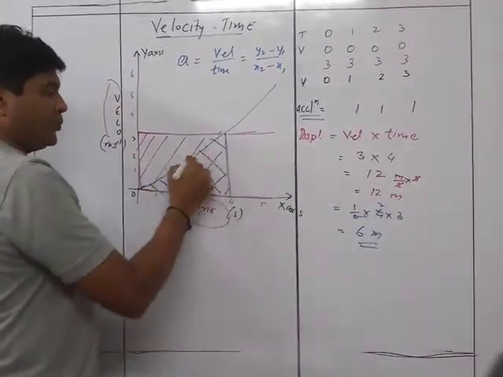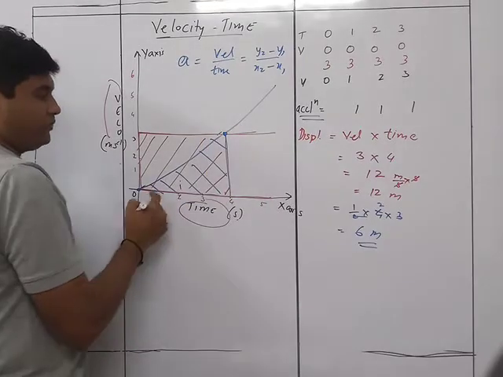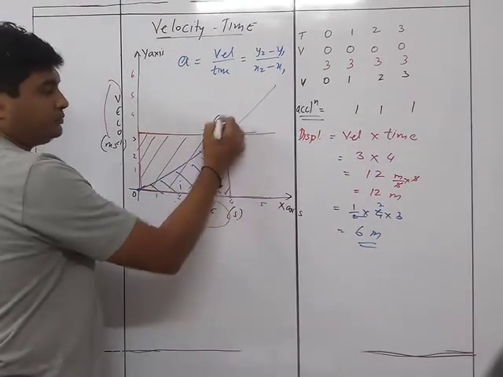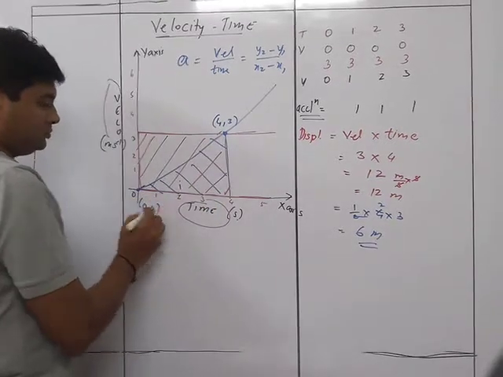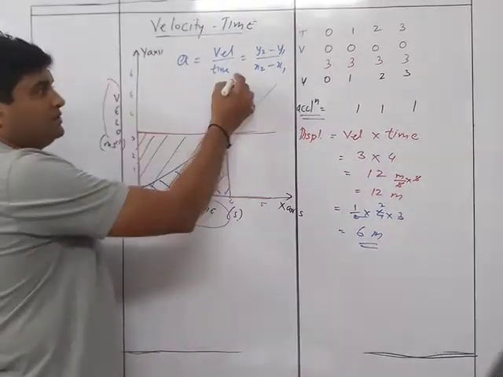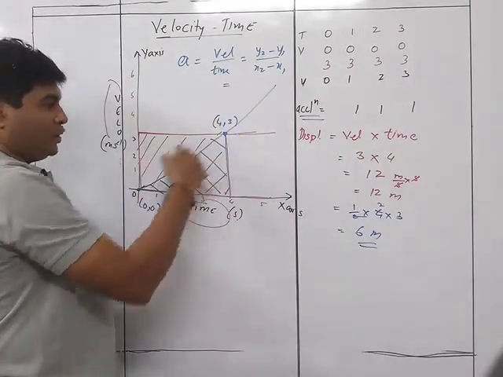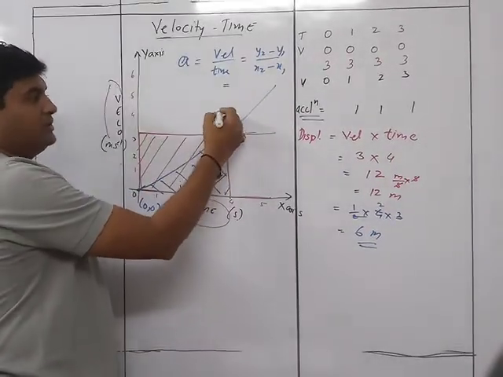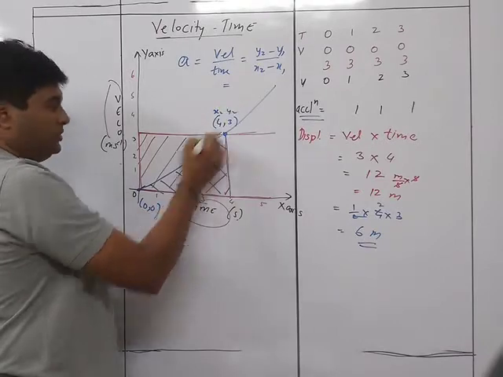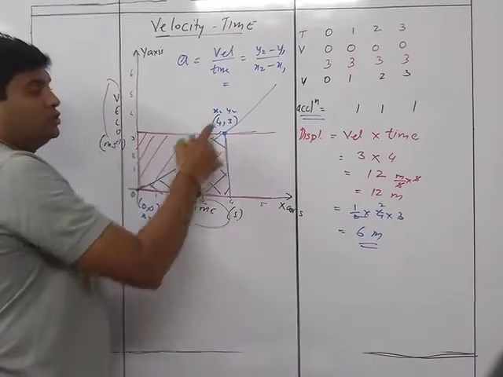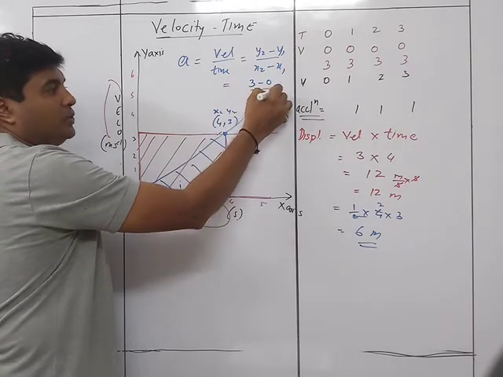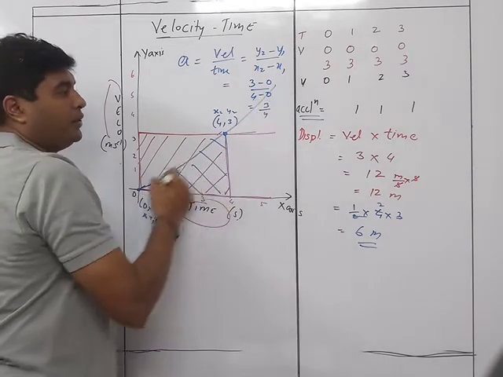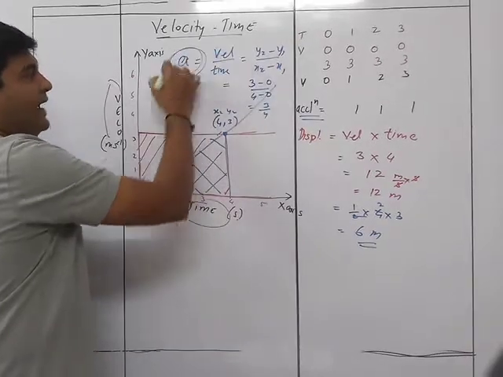If I take these 2 points, this is going to be 4, 3 and this is 0, 0. So y2 minus y1 is 3 minus 0 upon 4 minus 0, which is equal to 3 upon 4. What is this? This is nothing but acceleration.